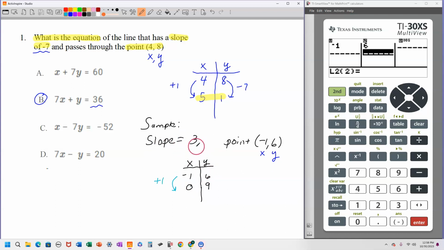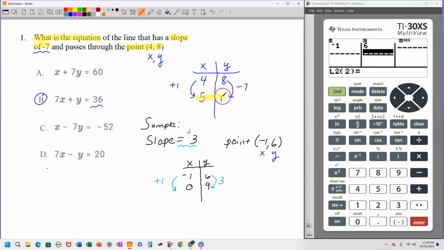My slope here is 3. So this jumps up by 3, because my slope was 3. So I take this value of 6 and I add 3 to it because this is positive. So 6 plus 3 is 9. That's my next point, 0, 9. Now here, the slope went down by 7 because the slope was -7.